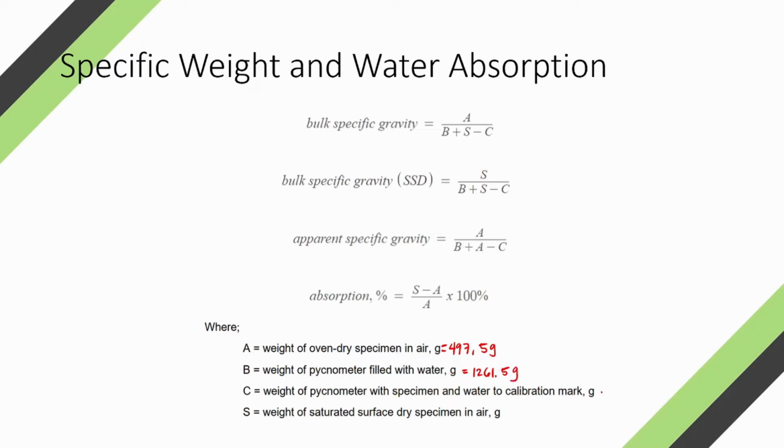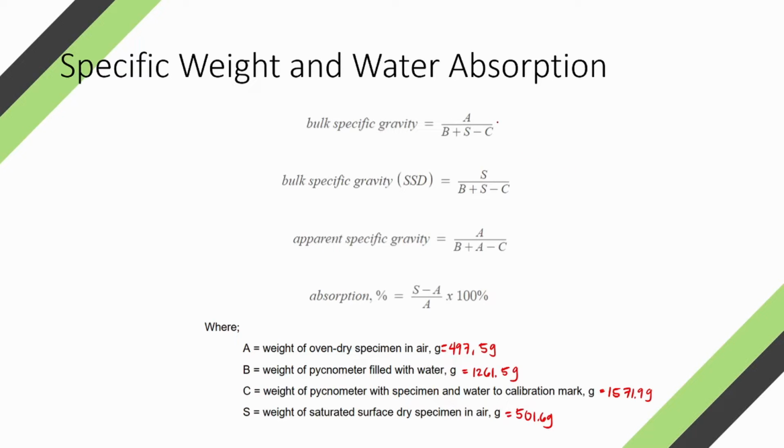And then, the weight of pycnometer with specimen and water to the calibration mark is 1571.9 grams. Last is yung weight ng saturated surface dry specimen natin in air, that is 501.6 grams. So, yan yung mga nakuha natin sa test natin.